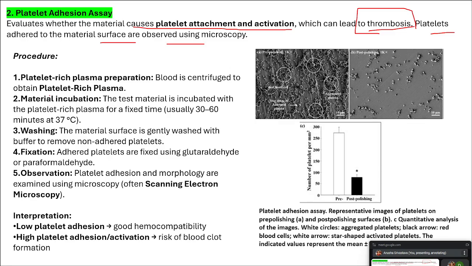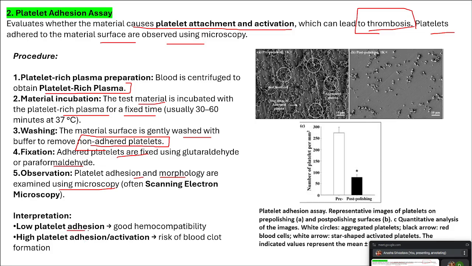Blood is centrifuged to obtain platelet-rich plasma. For material incubation, the test material is incubated with platelet-rich plasma for a fixed time. Then the material surface is gently washed with buffer to remove non-adhered platelets. Adhered platelets are fixed using glutaraldehyde or PFA. Platelet adhesion and morphology are examined using microscopy.